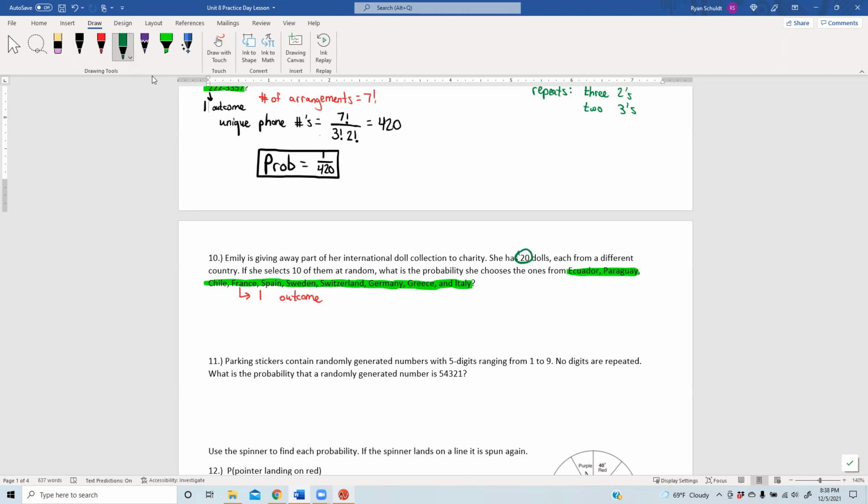So this 20 is our N. This 10 has to be the R. Now we've got to ask ourselves, does order matter? Does it matter whether she picks the one from Ecuador first or last?